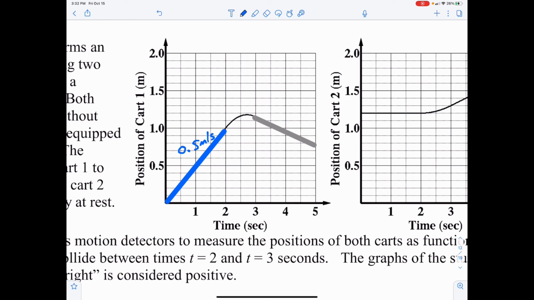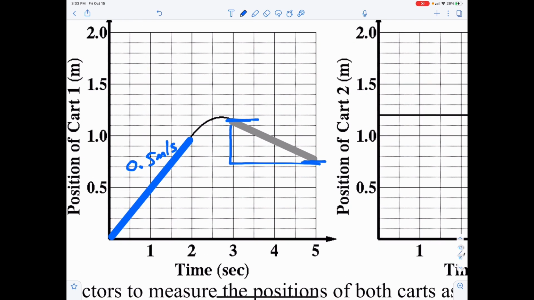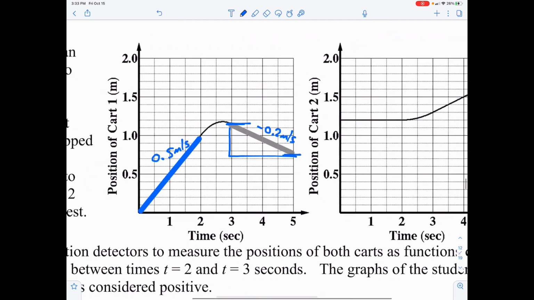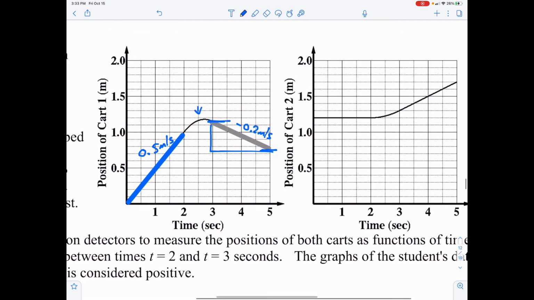And then here we're going from midway here to midway here, and it looks like we go down a half, excuse me, not down 2. Okay, so we have a slope of negative 0.2 meters per second.